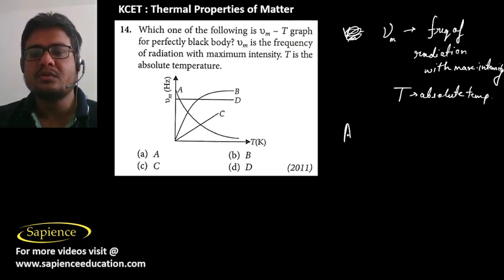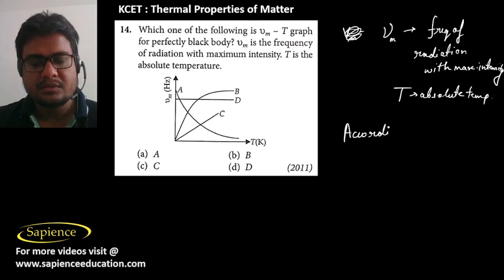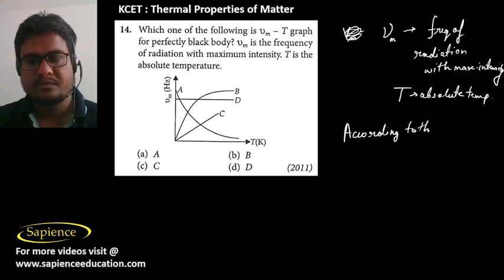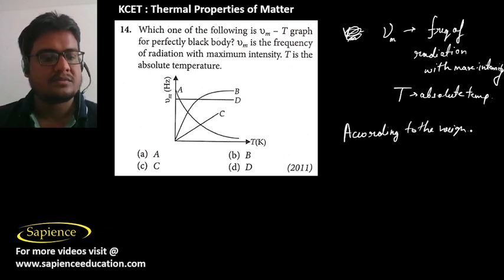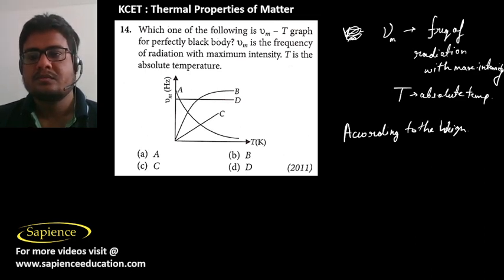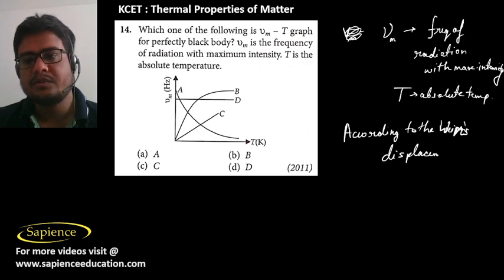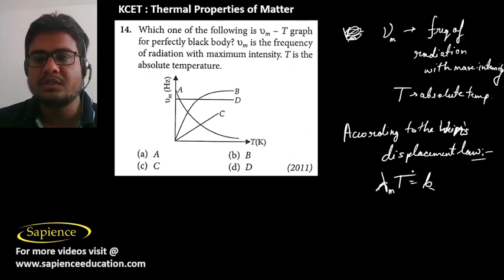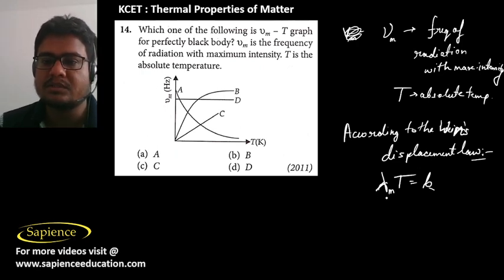So now according to Wien's displacement law, we know that lambda m into T is equal to B, where lambda m is the wavelength of radiation which corresponds to the maximum intensity.